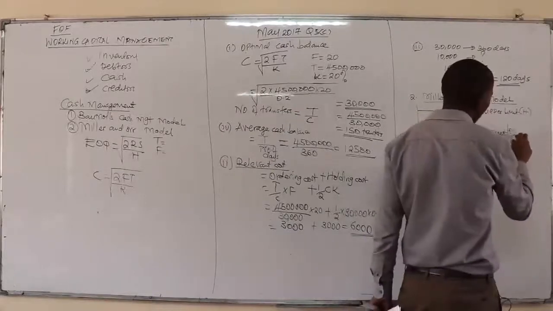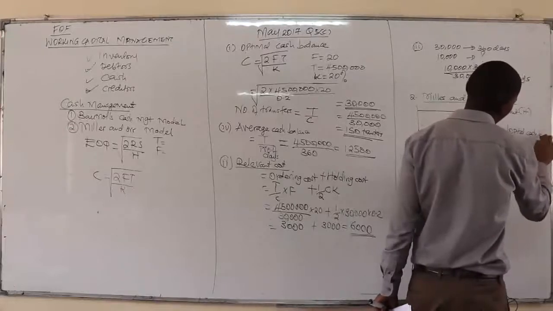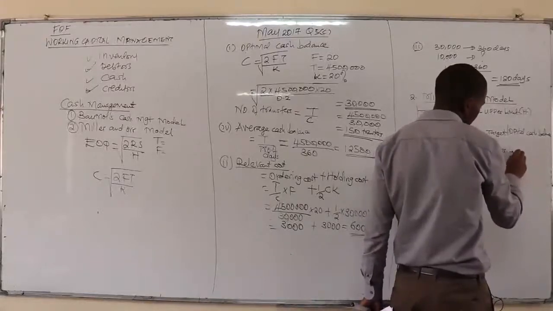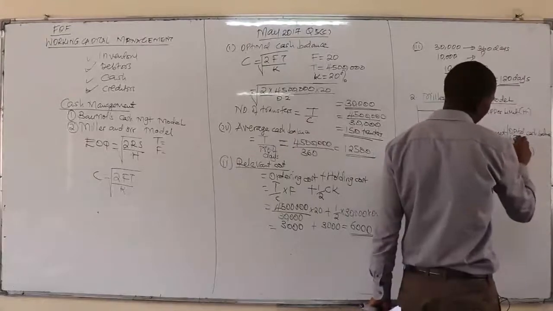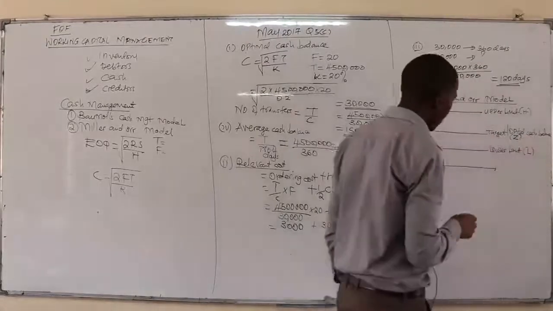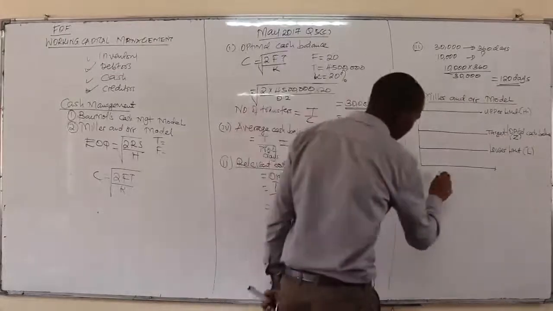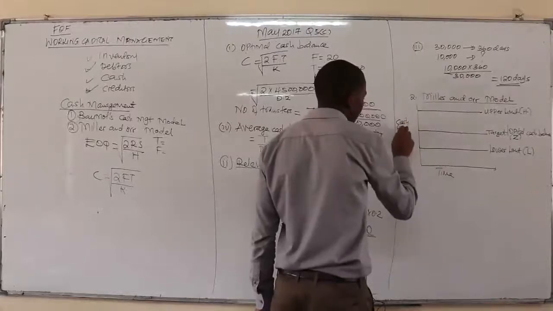And then akakuja na ingine inaitwa lower limit, which in this case is represented by Z. So in this case, we have time, and this is the cash balance.